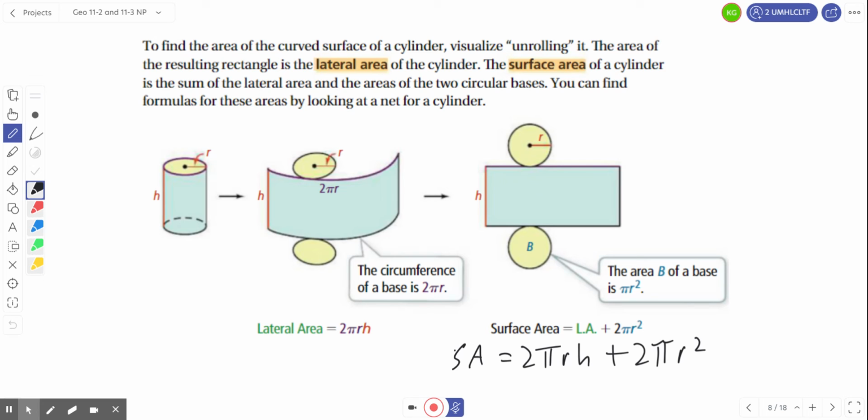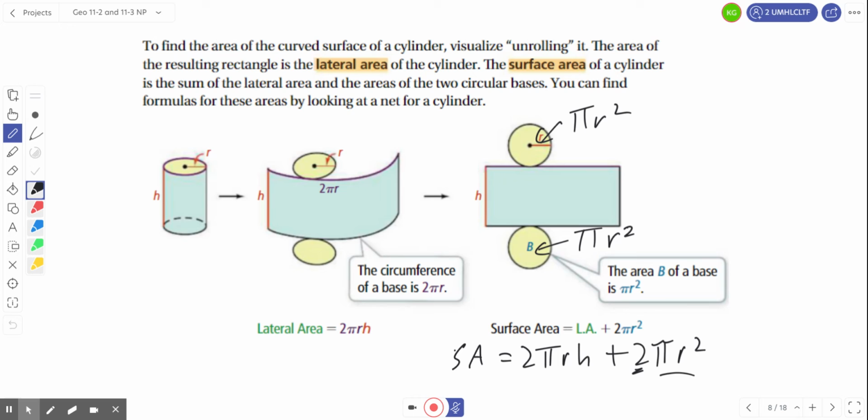So the lateral area plus the 2 circles on the top and bottom. Each circle is pi r squared, and that's why we have 2 times pi r squared, because we have 2 of those circles. And pi r squared, of course, is just the formula for the area of a circle.